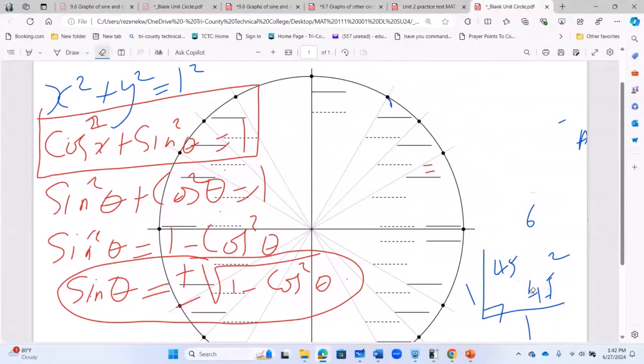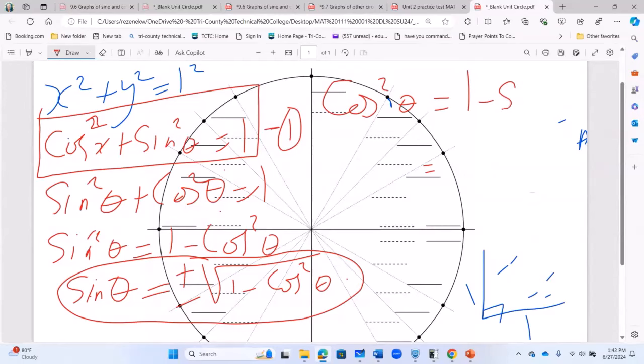All right, so I can also say from this one right here, identity number one, if you want to call it one, but it's not one though, I can rewrite it as cosine squared theta is equal to 1 minus sine squared theta.